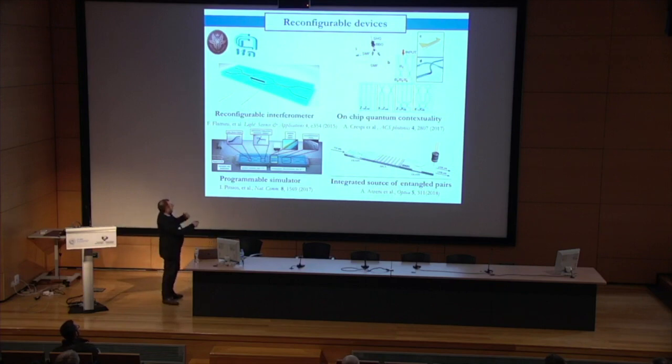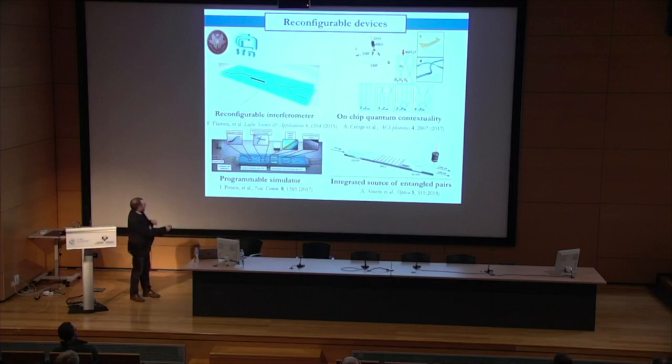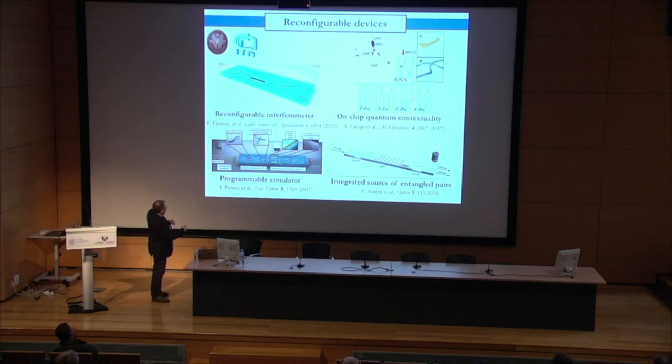Then we scaled up this from 1 to 4. In this case, we could carry out a test on the foundation of quantum mechanics on a chip, specifically quantum contextuality. Here we developed a kind of programmable simulator where you could have different chip, phase controller, and more advanced arrangement. And more recently, we just reported a source of photonic entangled pairs which adopt this kind of technology.